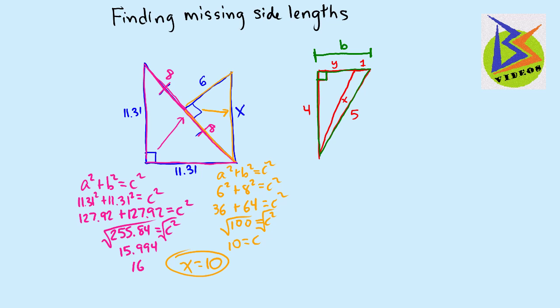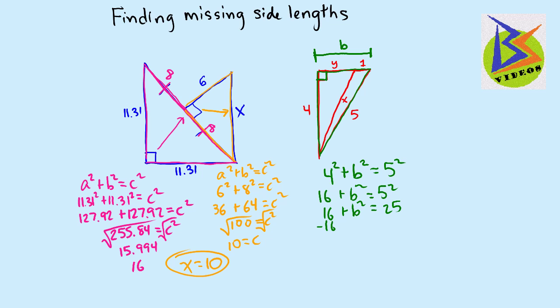Let's go ahead and get started. Here we have a leg of 4, so we use the Pythagorean theorem. We have the leg b, and that equals the hypotenuse c. So 4 squared is 16, plus b squared equals 5 squared, which is 25.